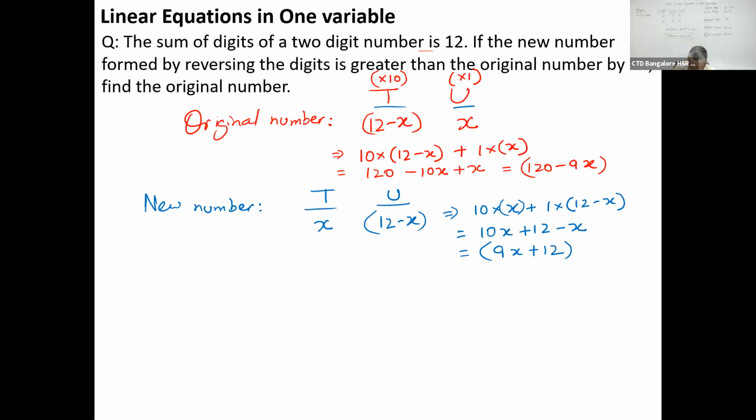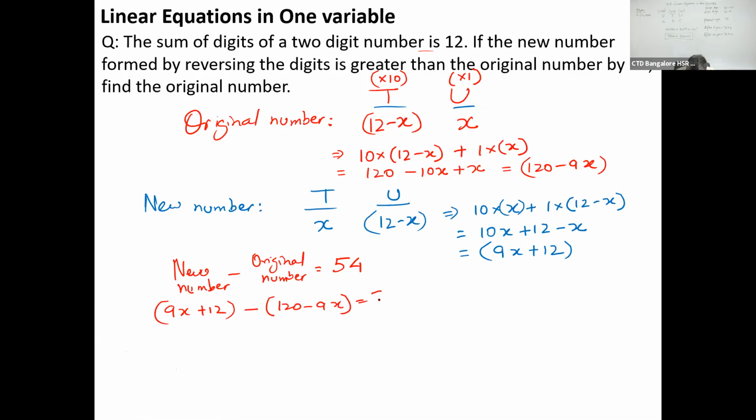So we can say new number minus original number is 54. Now we can substitute the values. New number is 9x plus 12, minus the original number, 120 minus 9x, equals 54.